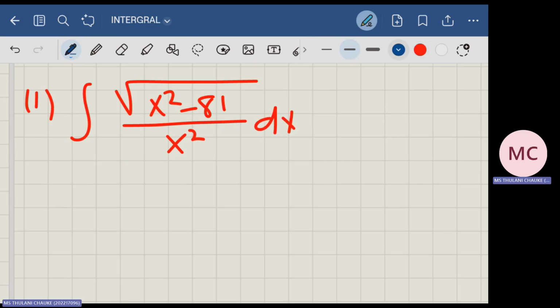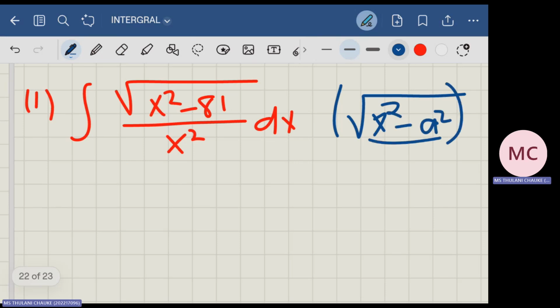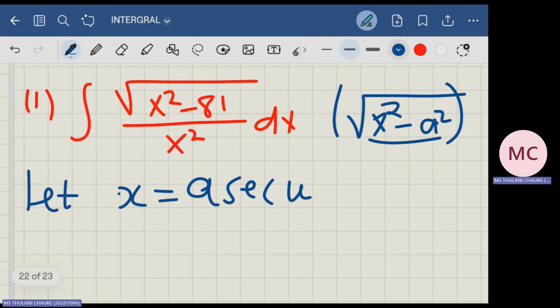Since you are having this form, we know that u substitution is not even going to work. This is in the form x squared minus a squared, so we let our x be equal to a sec of u. The question now is, what is a?